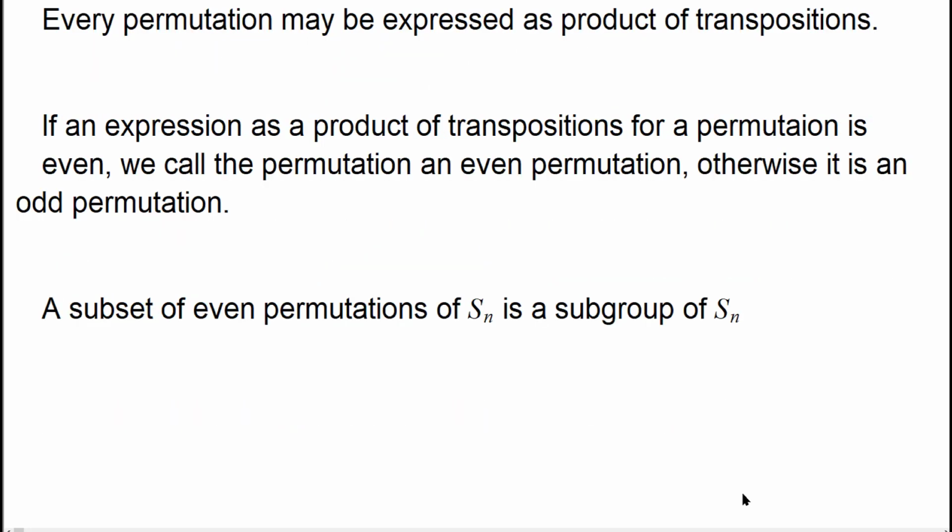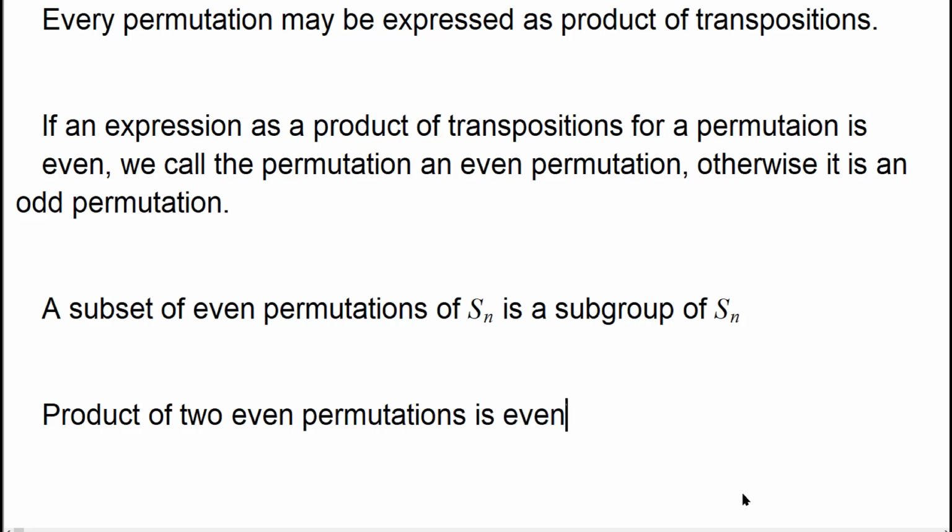The product of two even permutations is even. Why? Because when the factorization is even for each, even plus even would be the total factorization of the product. That will again be even. So the product of two even permutations is even.